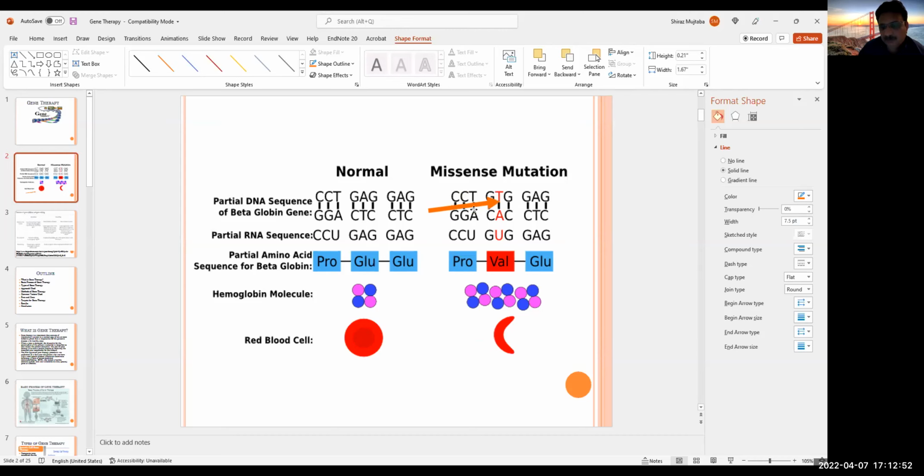The permanent solution would be to edit or change thymine back to adenine, such that if normal people have GAG, the sickle cell anemic genotype also has GAG. Now, broadly, there are two strategies to go for gene therapy.